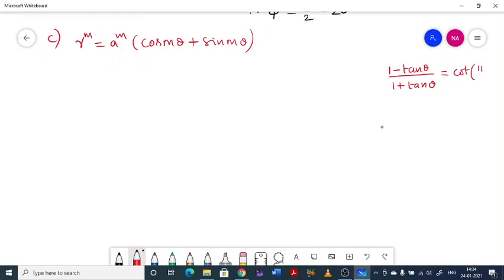This is cot of pi by 4 plus theta. So keep that in mind, that is needed to prove this one. Solution given: r power m equal to a power m cos m theta plus sin m theta.